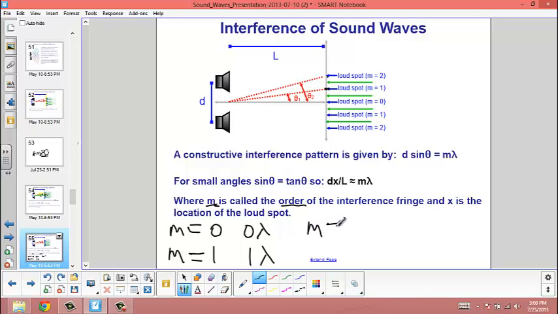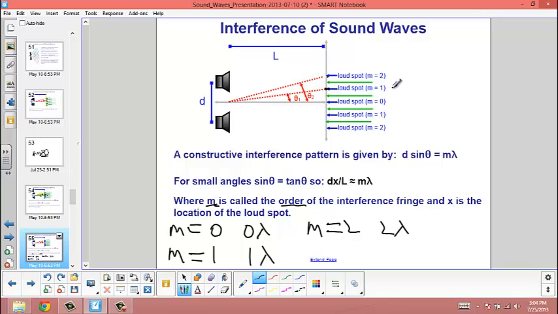So for M equals 2, we're off by a total of 2 wavelengths. So the order is associated with the location, and it also corresponds with the number of wavelength differences that the sound waves travel between these speakers.